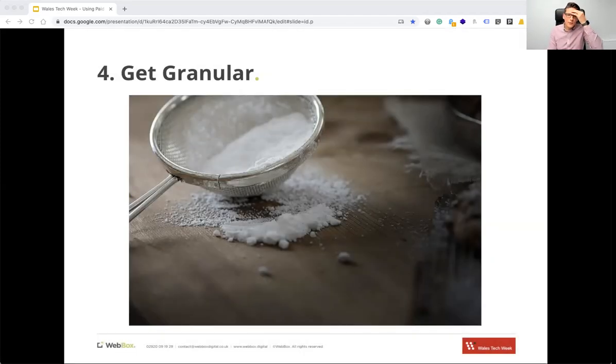And then a fourth quick tip is get granular. So there's no one size fits all here. Play around with different ad copy, messaging, audience targeting, and then try and segment your audiences and try different messaging.